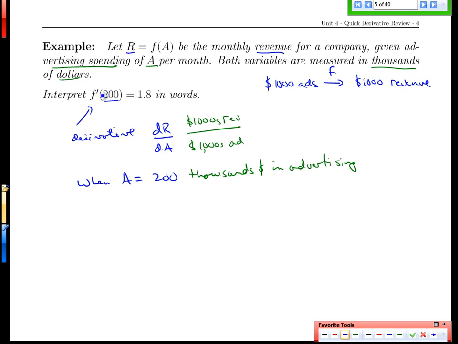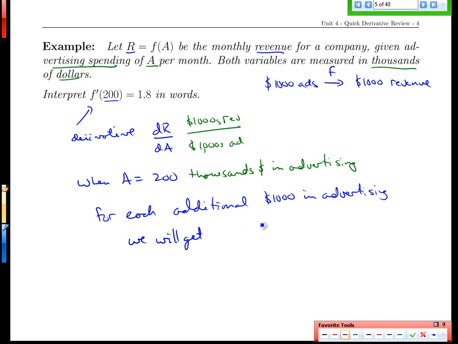The 1.8 is the ratio of consequence for each new, let's put it this way, for each additional 1,000 in advertising, we expect, or we will get, $1.8 thousand in revenue.